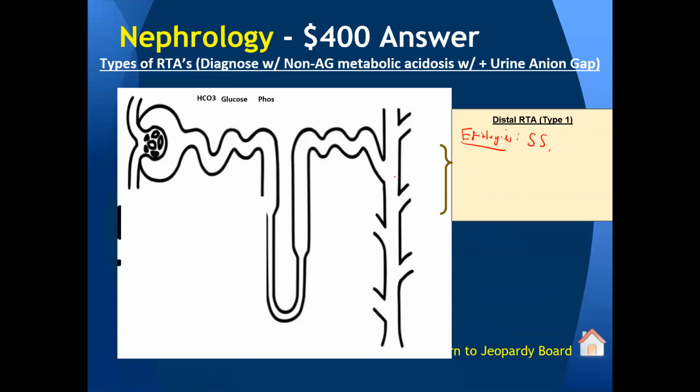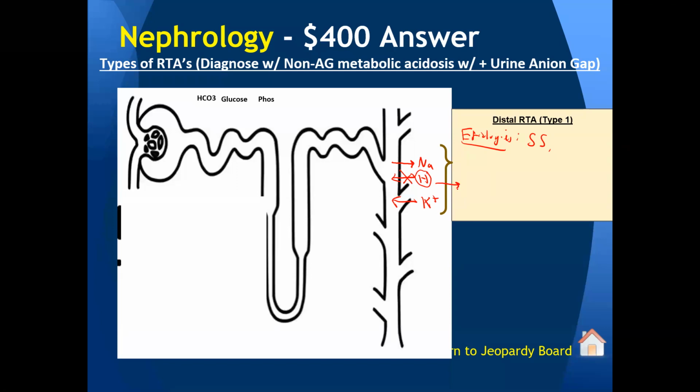So remember, in your collecting duct, you have resorption of sodium, and that sodium is then exchanged for hydrogen as well as K. So what happens with the distal RTA is actually a problem with the hydrogen channel. Since you're having a problem with the hydrogen channel, hydrogen will then go back into your body, causing a metabolic acidosis.